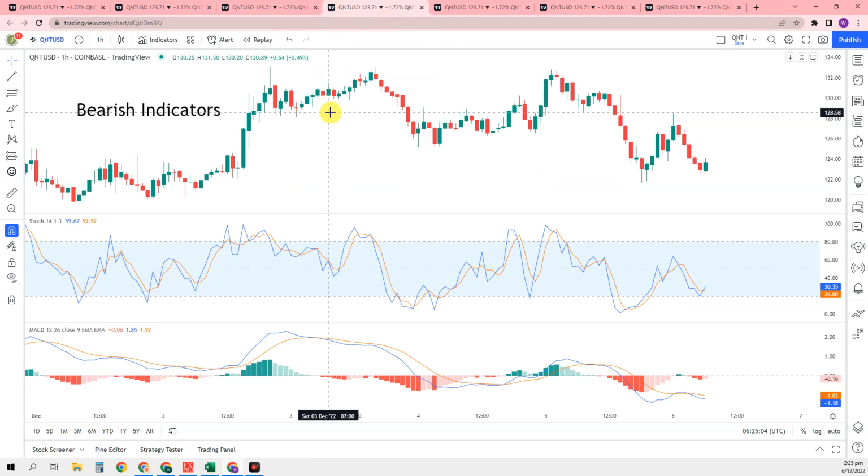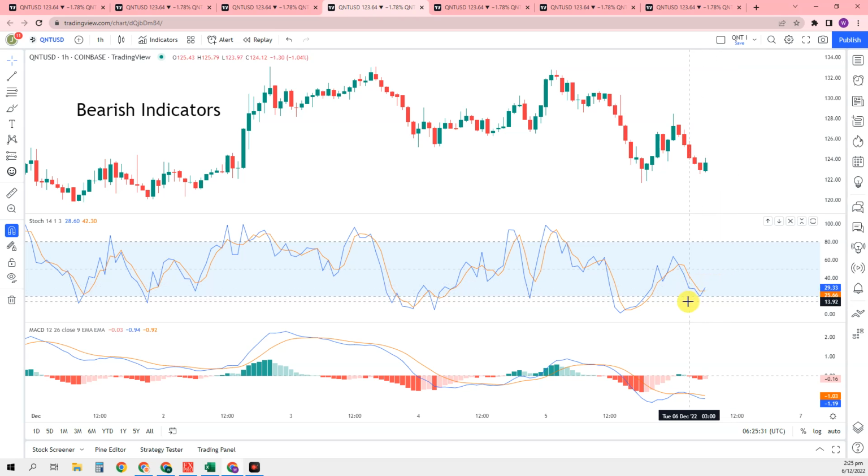Lastly, we have some bearish indicators. Normally I use stochastics and MACD. In this case, you can see that the stochastic seems to have given us a bullish signal, but according to the theory, it would be better to see the price going into the oversold zone and then breaking up above the lower boundary.